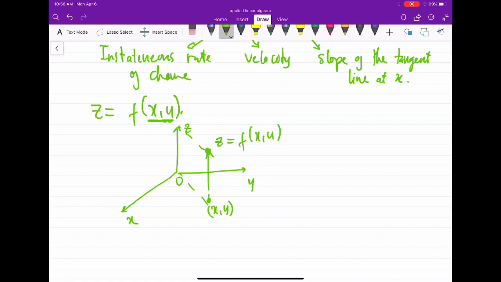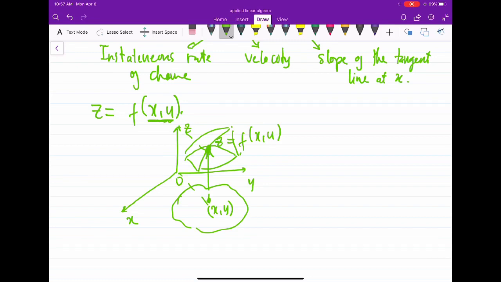And when x and y belong to some region in the xy plane, you have some surface, right? That's the whole idea of a function of two variables. Make sense?